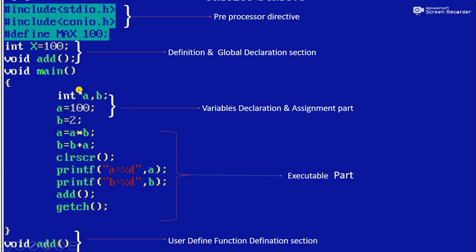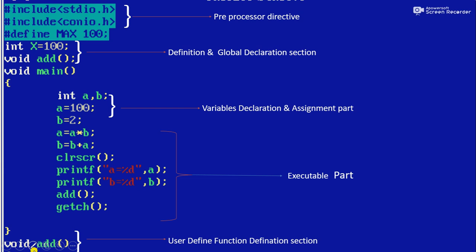Here we have defined the user defined function known as add, and we need to define what that function is going to perform. So inside this user defined function definition part, we write the code for that particular function.